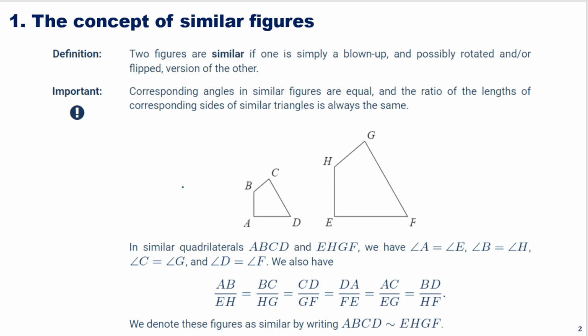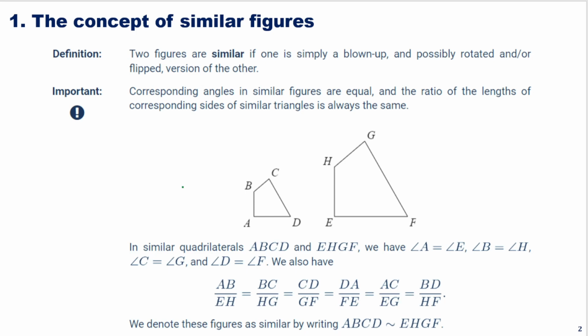For example, in similar quadrilaterals ABCD and EHGF, illustrated here, we have angle A equals angle E, angle B equals angle H, angle C equals angle G, angle D equals angle F. We also have the ratio of the corresponding parts is a constant number.